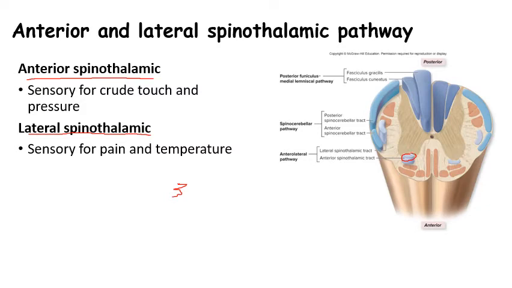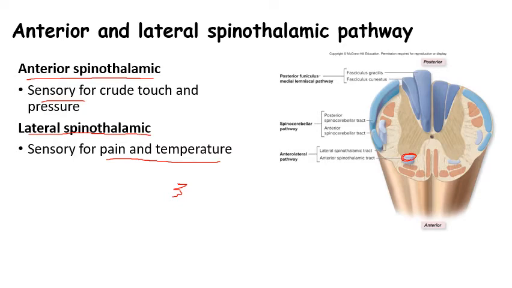So the neurons involved in bringing sensation for crude touch and pressure would be ascending. It would be an ascending track in the spinal cord. So these neurons would be the axons climbing up the spinal cord headed towards the brain. Okay, the lateral spinothalamic is pain and temperature from cutaneous.